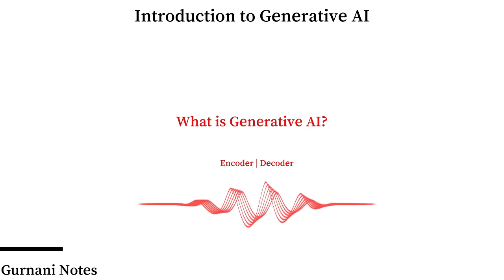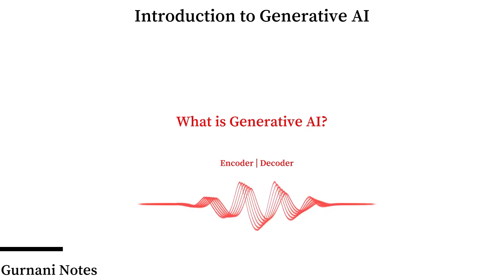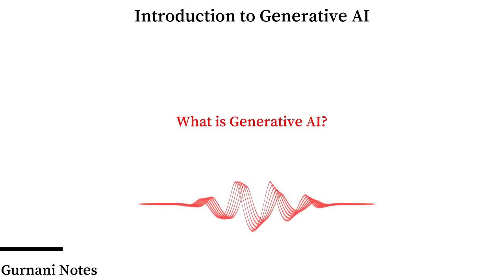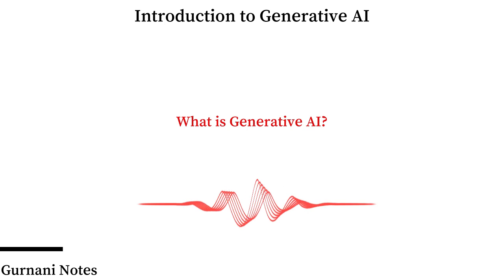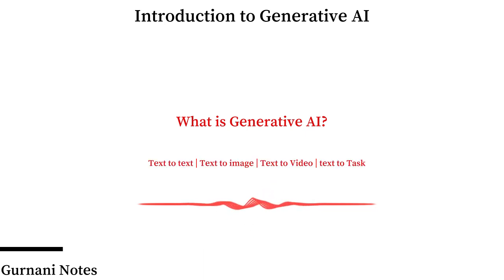If you were to look at some common types of generative models, they could be classified into various categories. Let's start with text to text models. These text to text models generate text outputs from text inputs, for example, translation. There could also be a text to image model that generates images from text captions using diffusion.